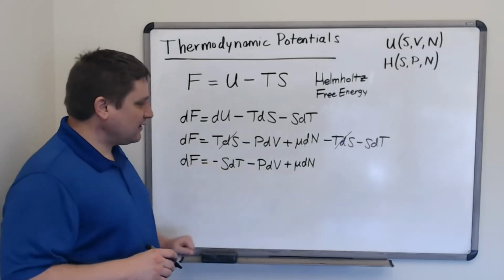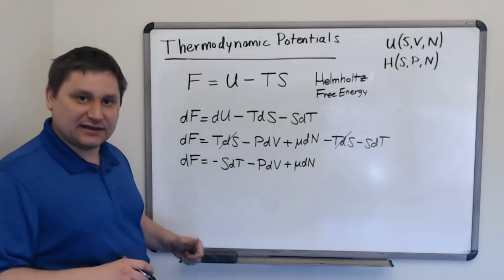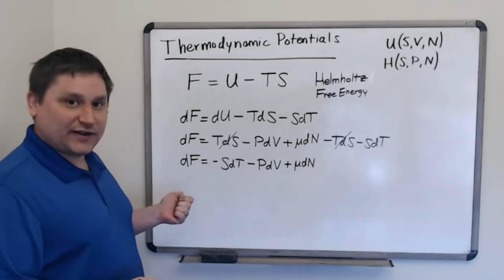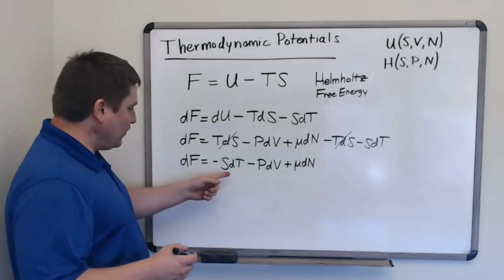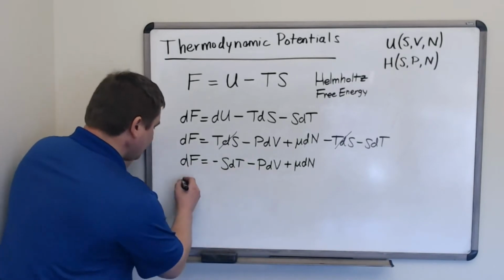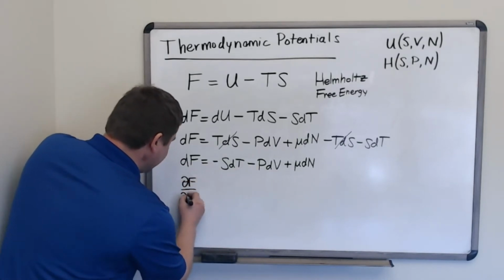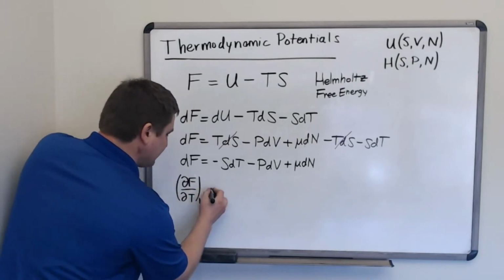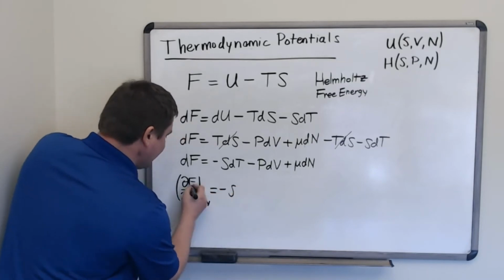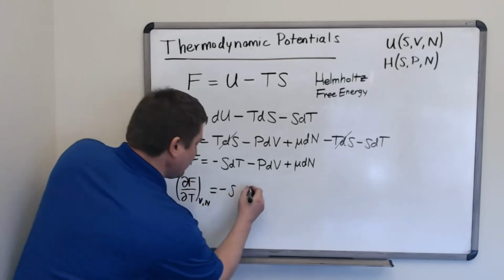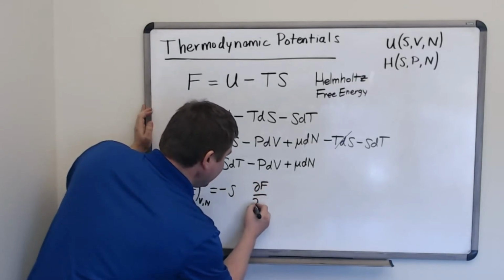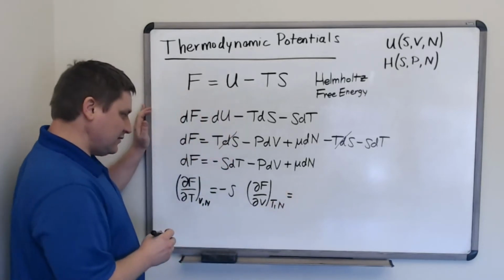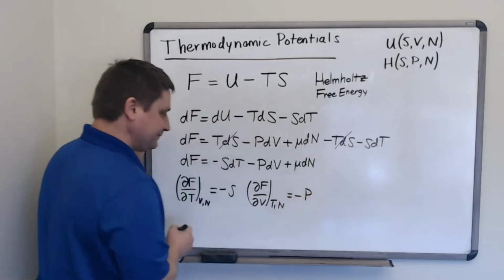From this version of the thermodynamic identity, we can immediately write down what the derivatives of the Helmholtz free energy should be. We just have to look at which terms are the differentials. dF/dT, while holding volume and number of particles constant, gives us the opposite of the entropy. dF/dV, while holding temperature and number of particles constant, will give us the opposite of the pressure.